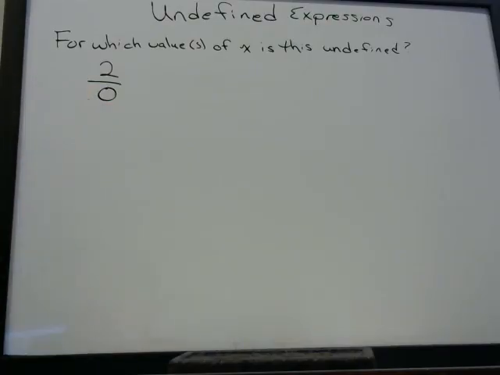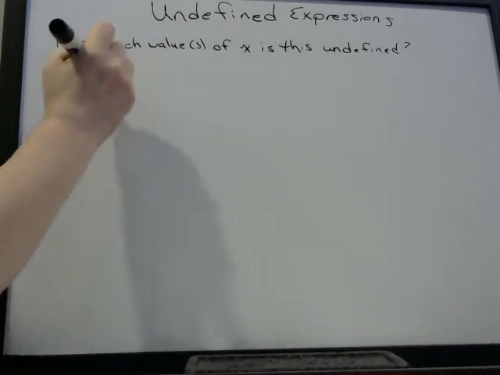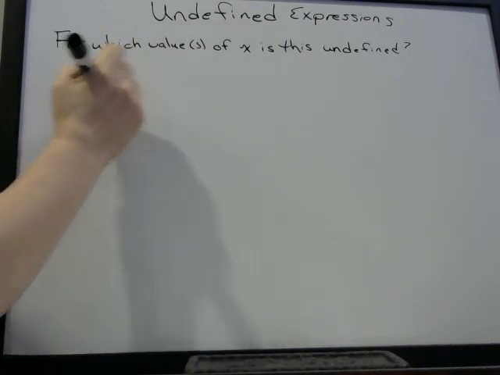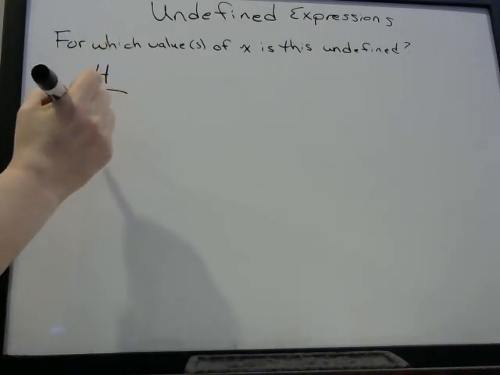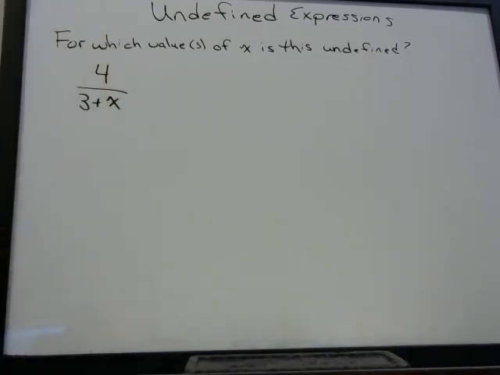How you're going to see these problems will be something like, it will say, for which values of x is this undefined? They might give you a fraction that looks something like this. All you need to do is figure out, when does this denominator equal 0? When that equals 0, then this expression is undefined, because you can't have 0 in the denominator.